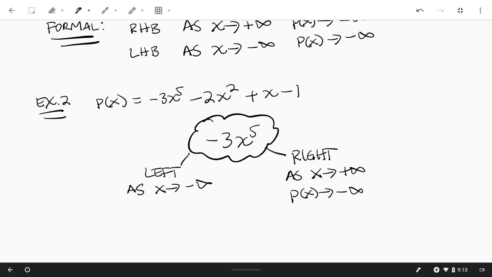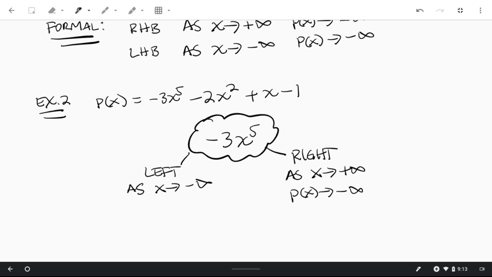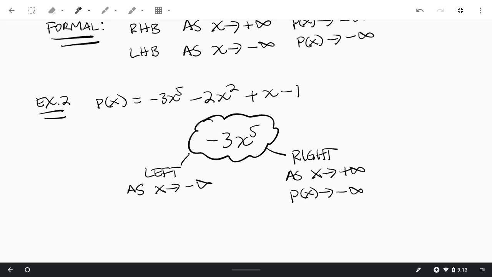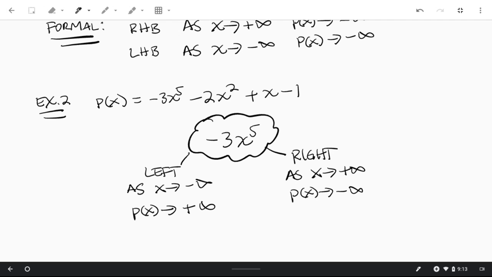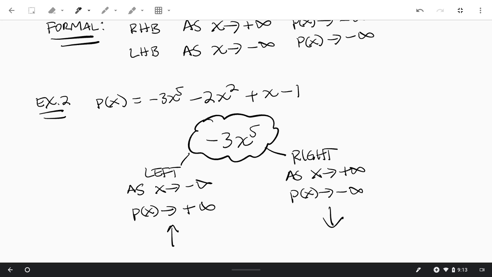Let's plug in a very negative number, raise it to the fifth power, we get a negative result, and then multiply it by negative 3, and that will give us a positive result. So on the left-hand side, it will be going up. On the right-hand side, it will be going down.